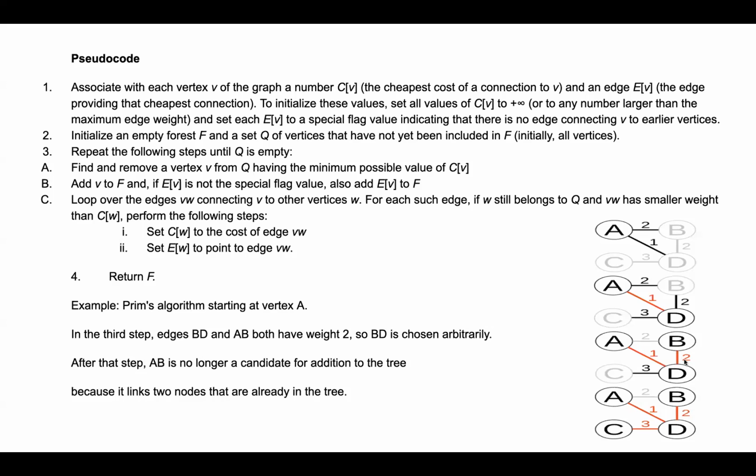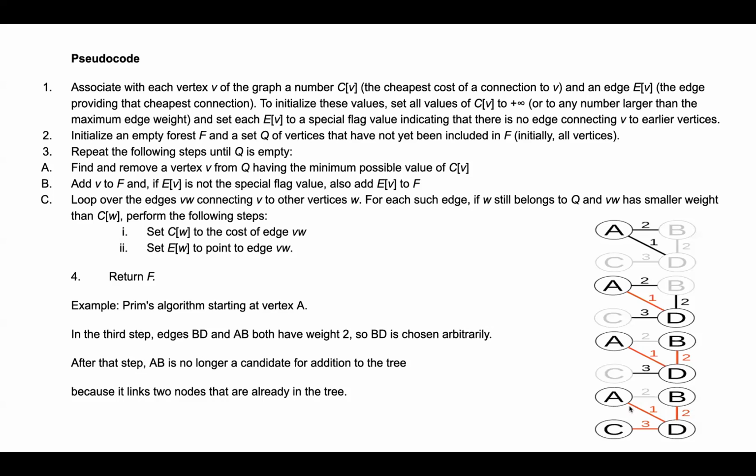Then only one vertex remains, meaning we have covered vertex A, vertex D and vertex B. Now vertex C remains, which is in the graph but not in the spanning tree yet, so it is not the full spanning tree. We must consider the vertex C to complete our spanning tree.